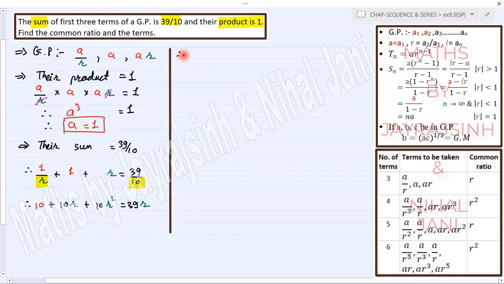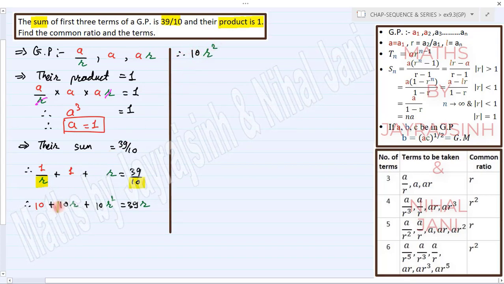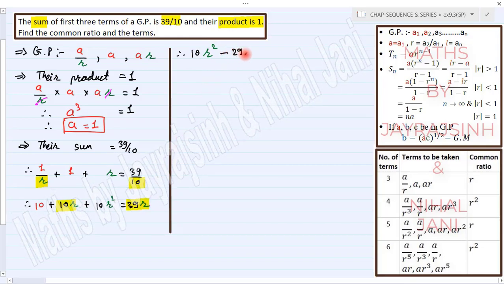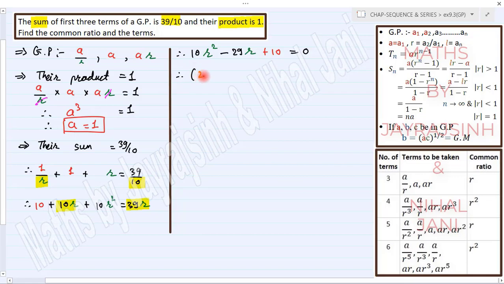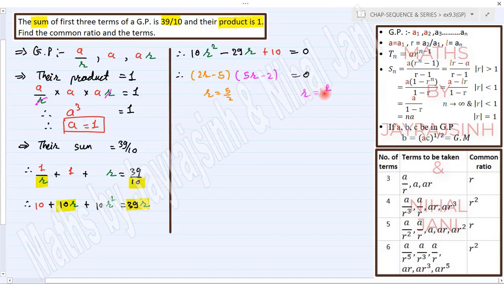So, you will get a quadratic equation of 10R square, then 10R minus 39R, or we can say minus 29R plus 10 is equal to 0, and it can be factorized into 2R minus 5 and 5R minus 2 is equal to 0. So, here we'll get R is equal to 5 by 2 or R is equal to 2 by 5, and we already found the value of A, which is 1.